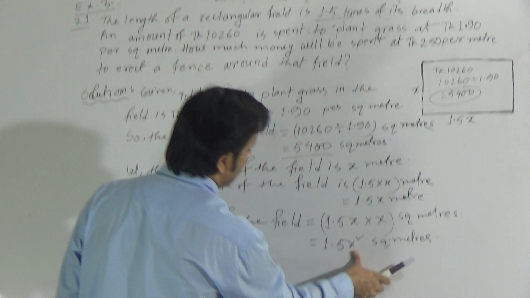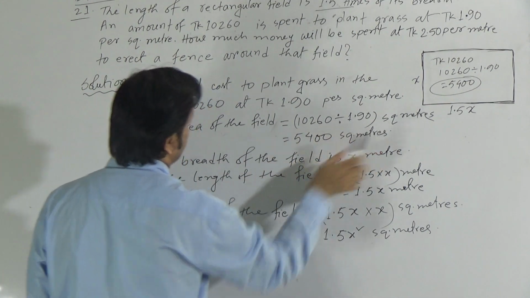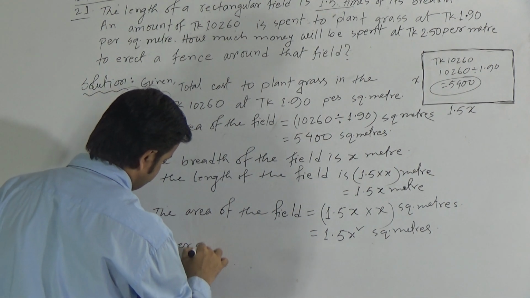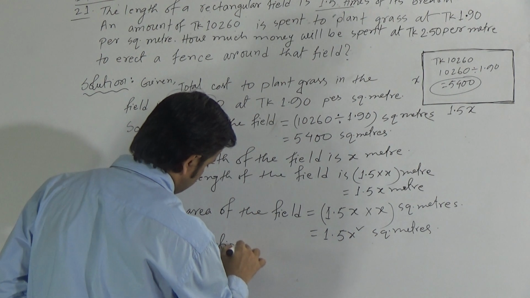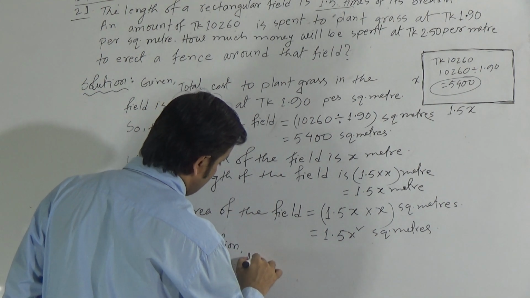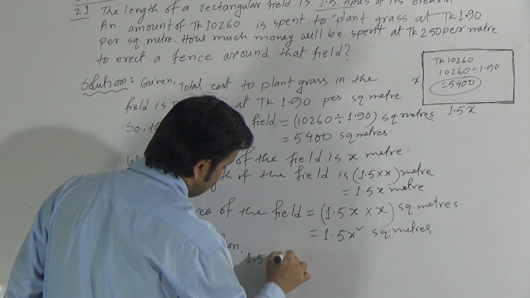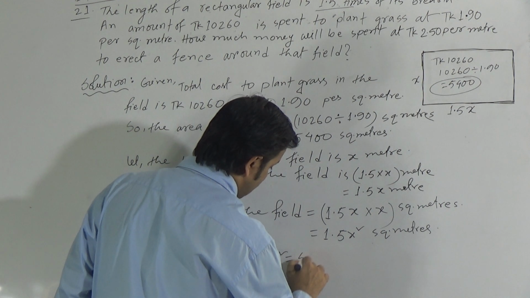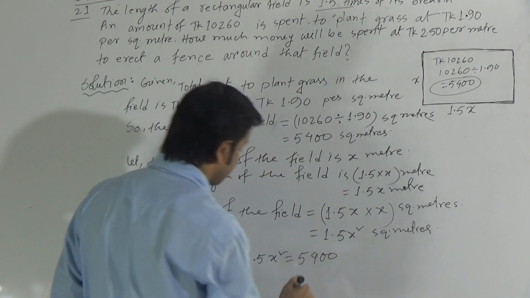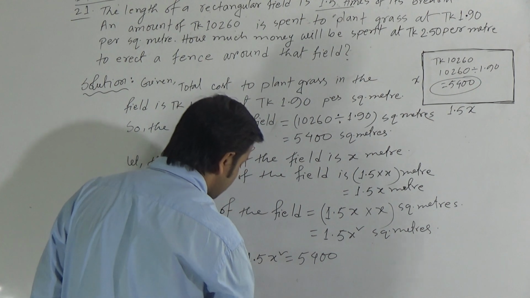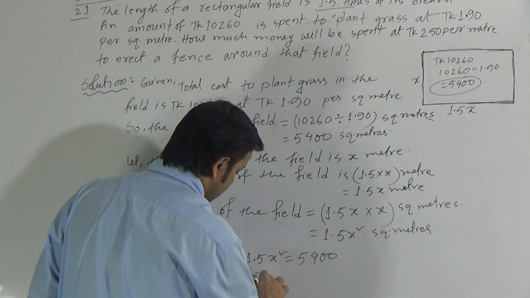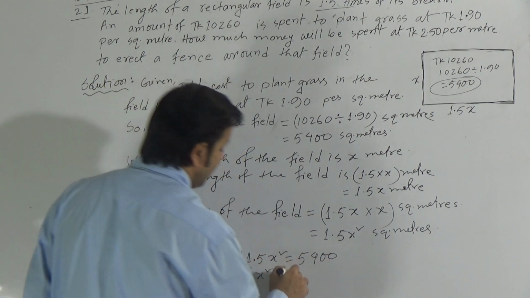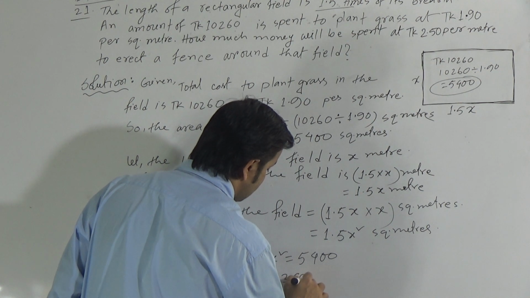So we can write as per question, 1.5x square is equal to 5400, or x square equals, if we divide both sides by 1.5, we will get 3600.